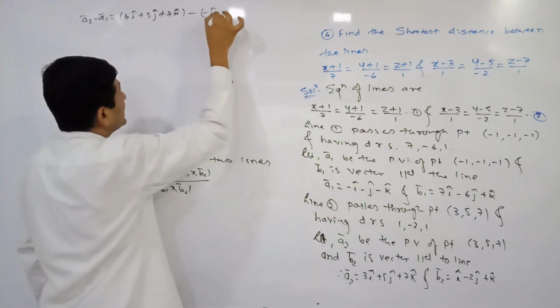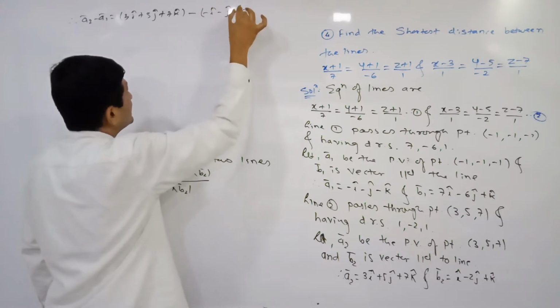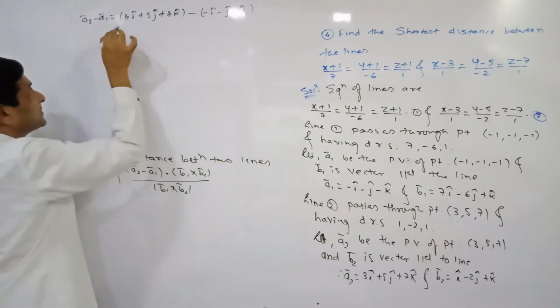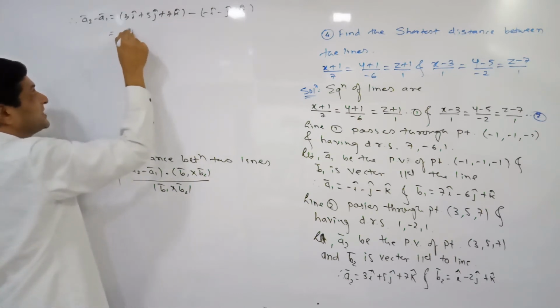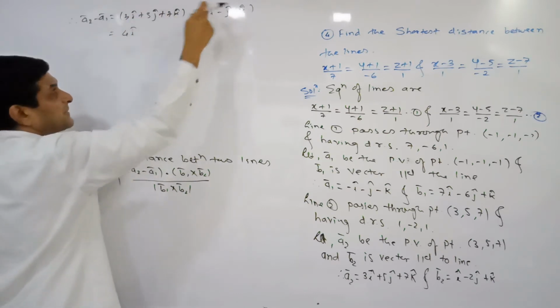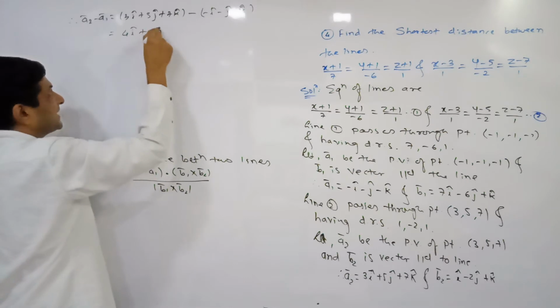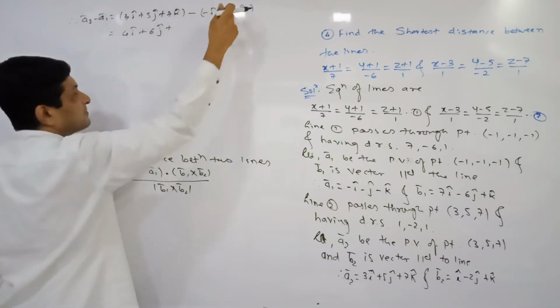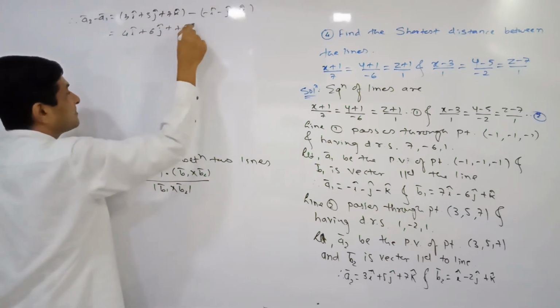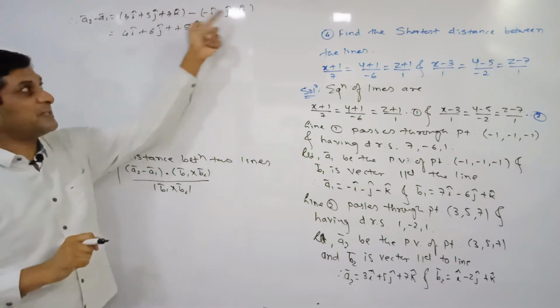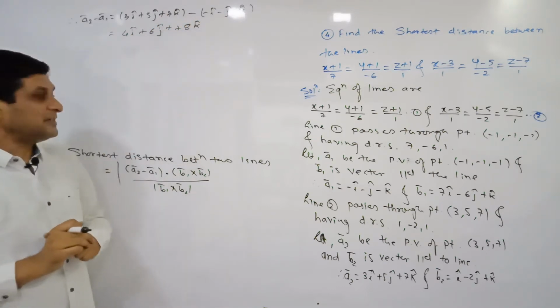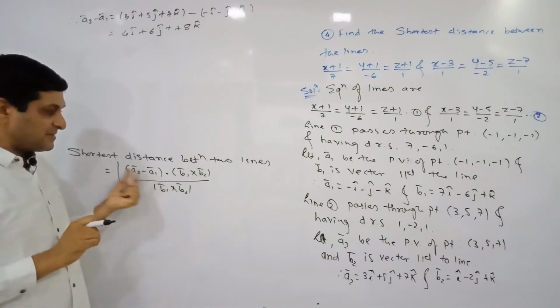Minus i cap minus j cap minus k cap. So take the difference: 3 minus minus means plus 1, 3 plus 1 is 4i cap, 5 minus minus means plus 1, that is 6j cap, plus 7 minus minus 1 means plus 1, 7 plus 1 will be equal to 8k cap.